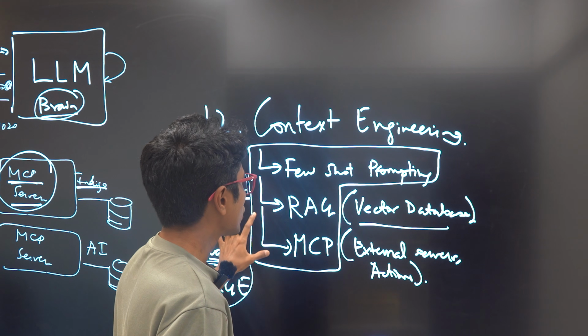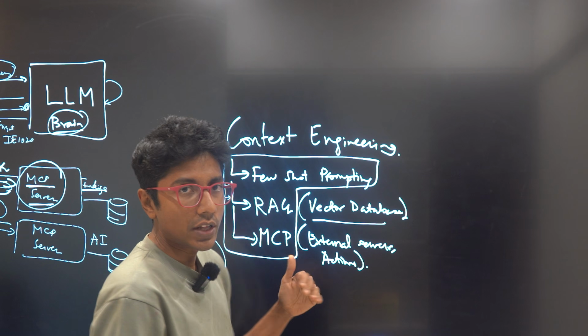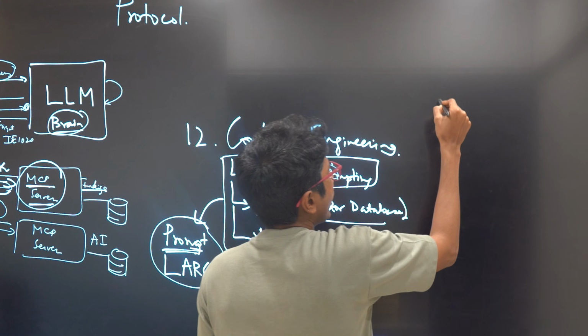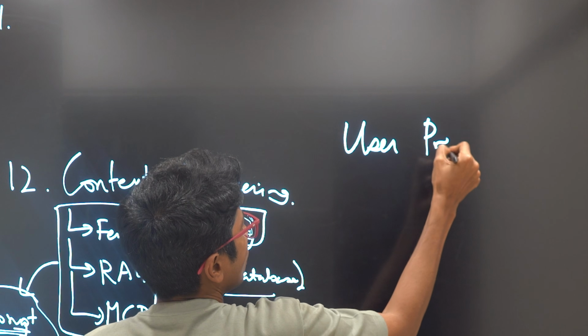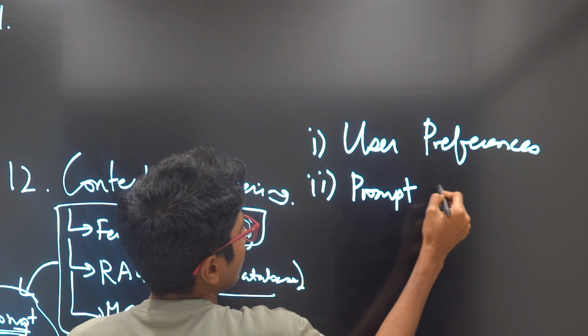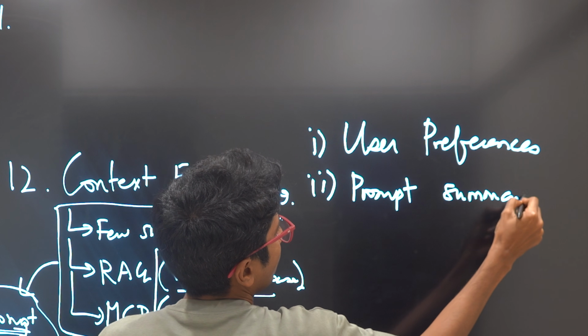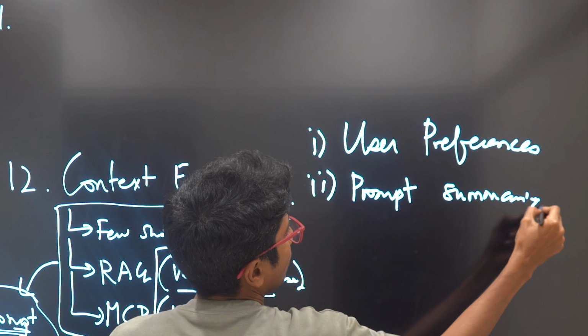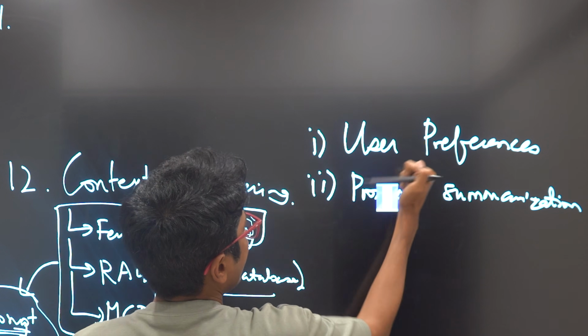When it comes to context engineering, there are two new challenges that we are facing as AI engineers. One is user preferences, and the second is prompt summarization. We can call it context summarization.